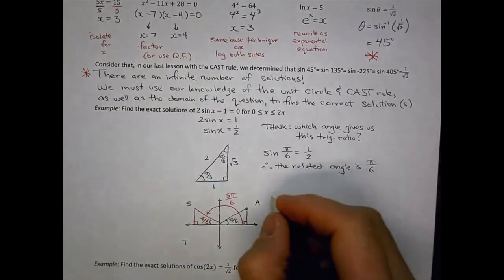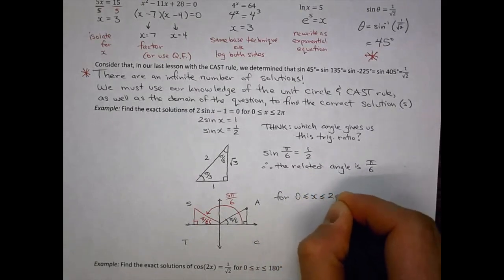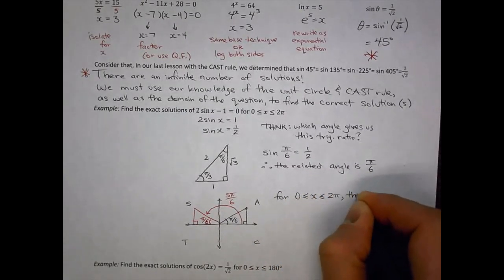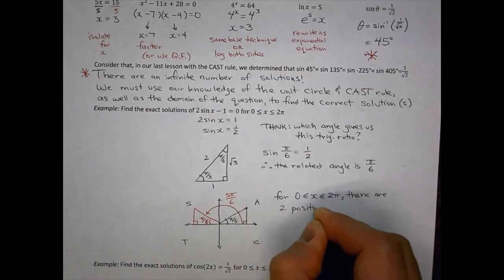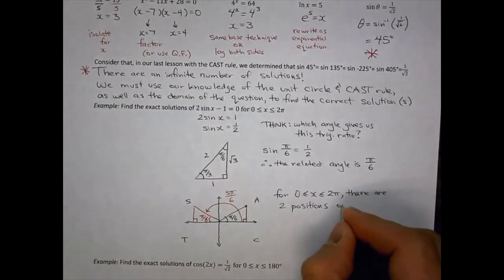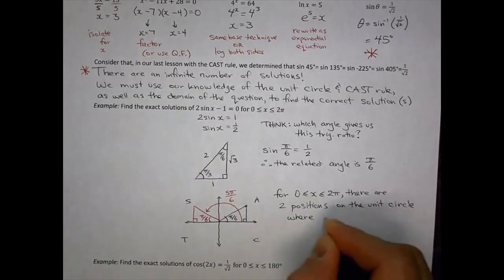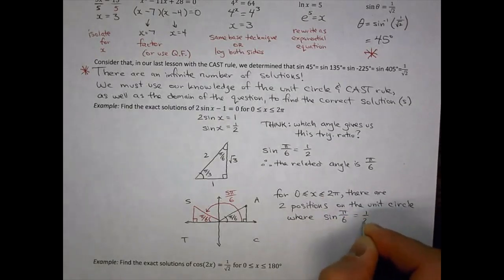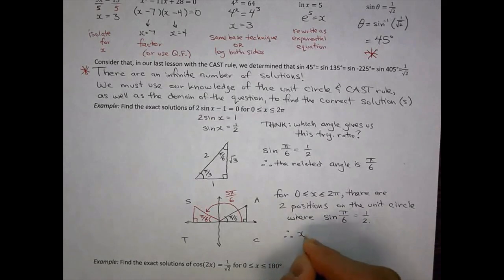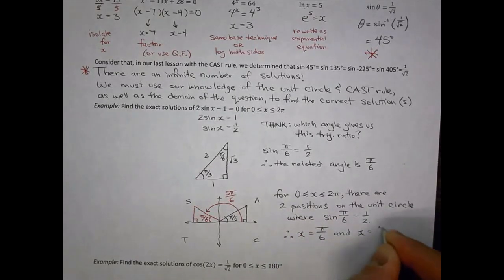So let me write this out. For x between 0 and 2 pi, which is a full revolution, there are 2 positions on the unit circle where sine of x is equal to half. x is equal to pi by 6 and x is equal to 5 pi by 6.